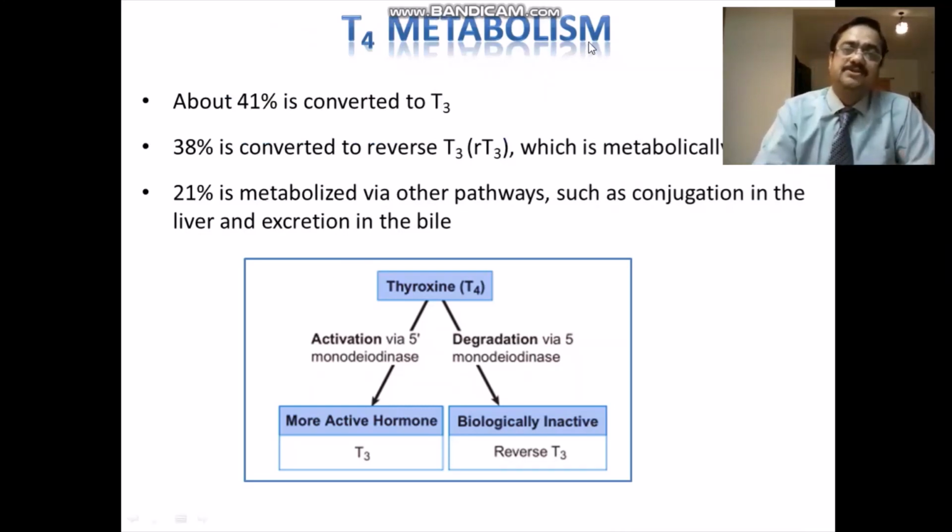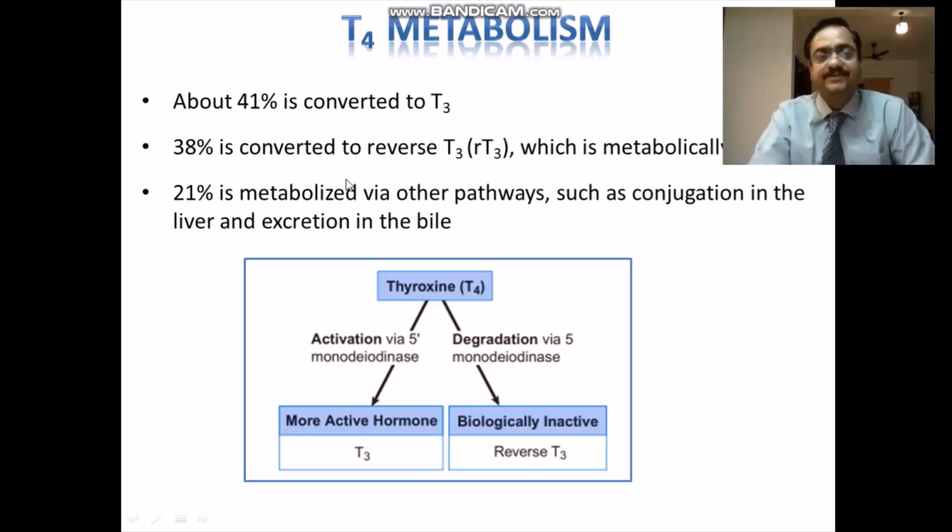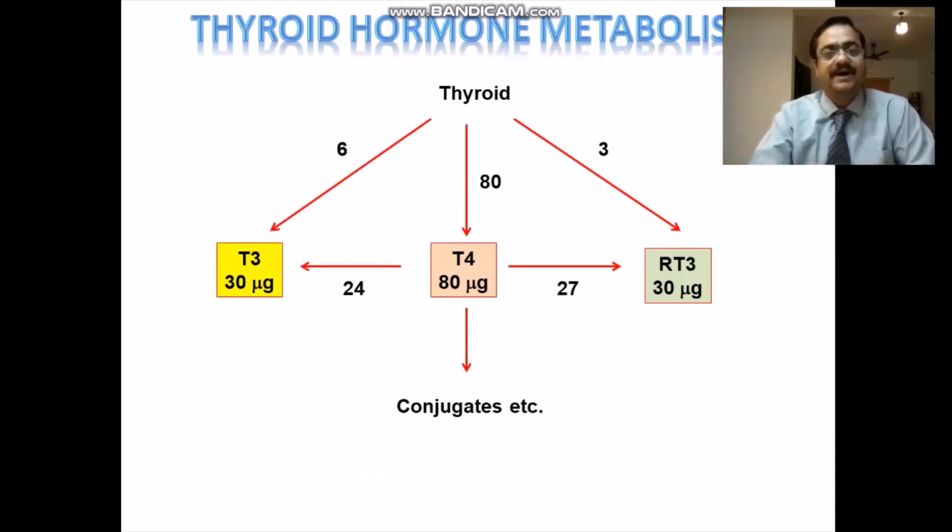Coming to the metabolism of T4, 41% of T4 is converted to T3, 38% into reverse T3. Both of these are metabolically inactive, and 20% is metabolized via other pathways through conjugation in the liver and is excreted into the bile.